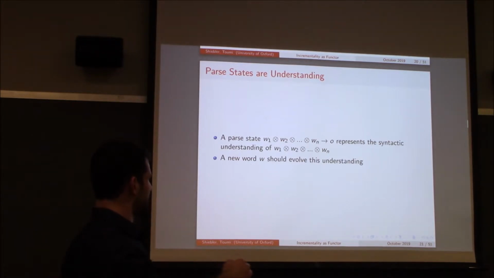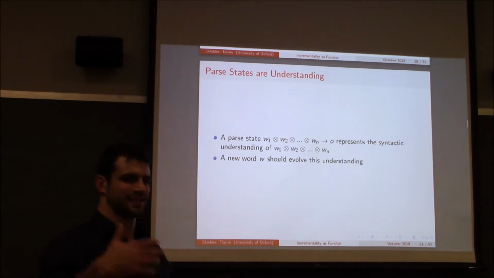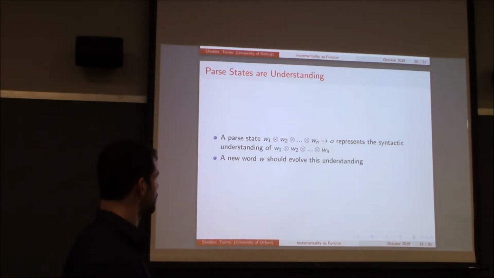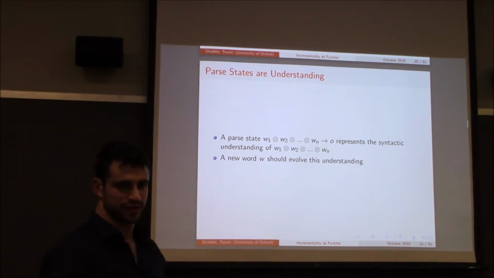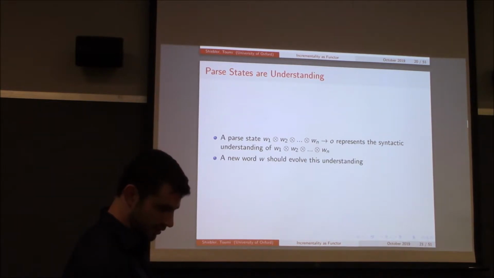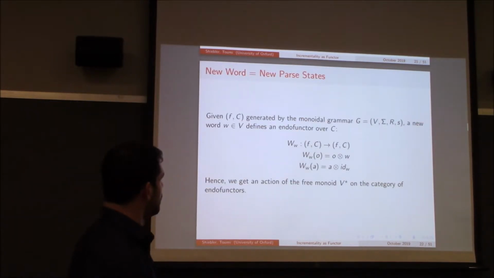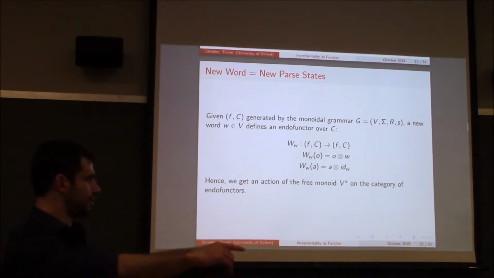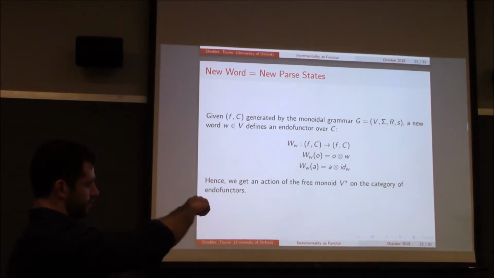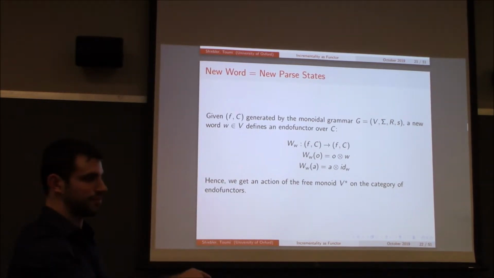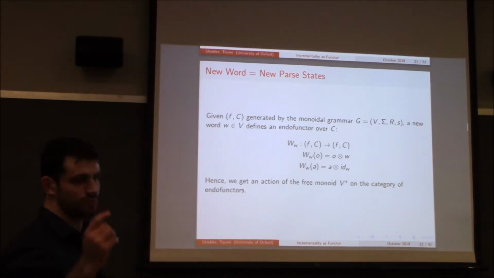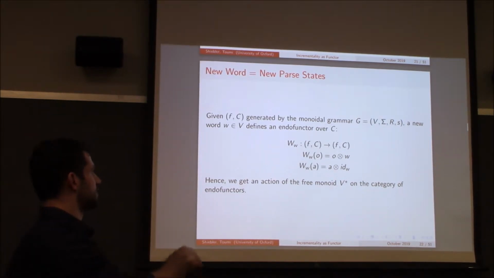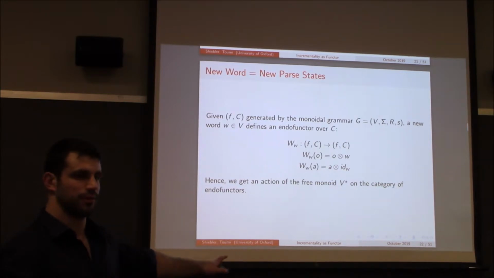So we can think of our parse state as our syntactic understanding of how what I've spoken is structured, and our new word should evolve this understanding of syntax. So we have an action of the free monoid on the category of endofunctors here, the free monoid of our vocabulary. If we have a new word, this in a very simple fashion defines an endofunctor over our monoidal grammar category.